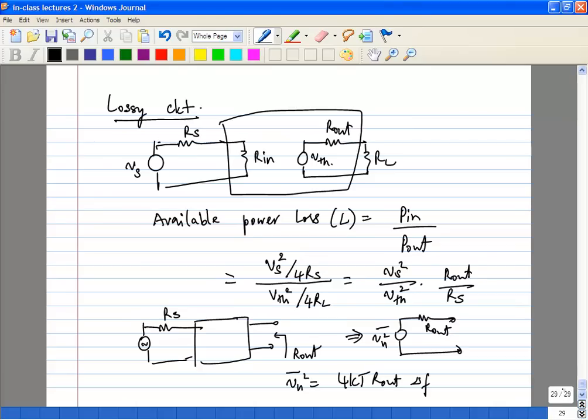In this case, the overall output noise we'll write in terms of VTH, R out and RL.